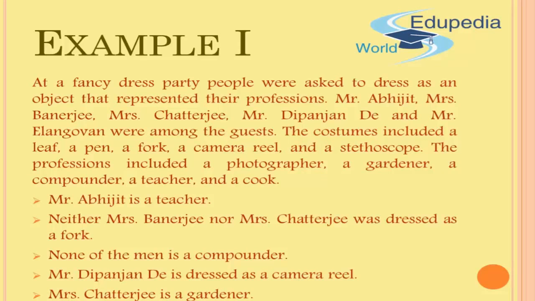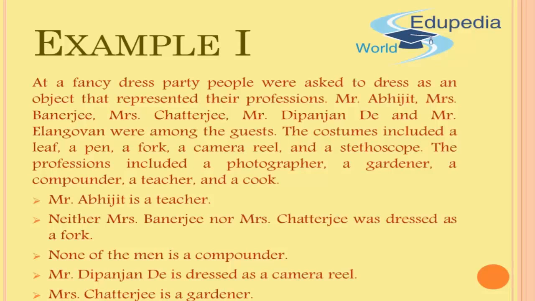So Mr. Abhijit, Mrs. Banerjee, Mrs. Chatterjee, Mr. Dipanjan Dey, and Mr. Elangovan were among the guests. The costumes included a leaf, a pen, a fork, a camera reel, and a stethoscope. It goes on to say that the professions included a photographer, a gardener, a compounder, a teacher, and a cook.